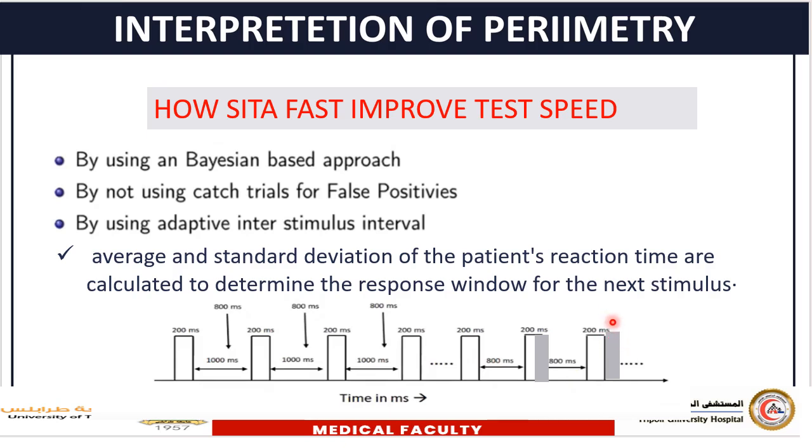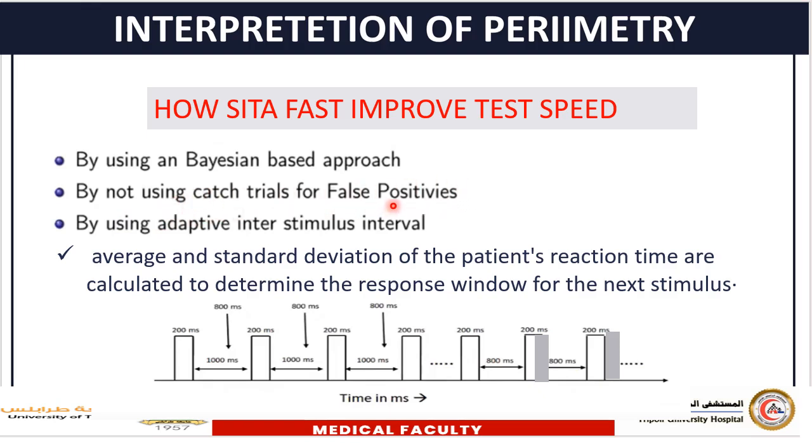But now in this slide, I just want to show why SITA Standard is shorter in time as compared to the full threshold strategy, that is the double staircase strategy, because of these three parameters. It assumes, along with the double staircase strategy, the Poisson posterior probability function, and it also eliminates the false positive catch trials.